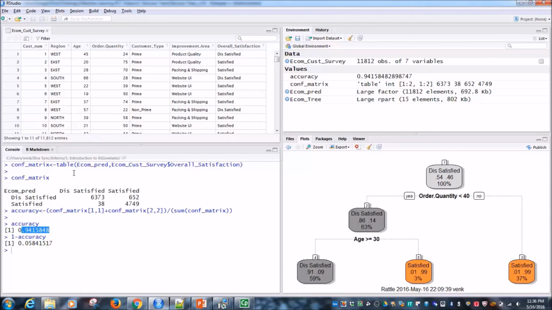You use the tree and build the predictions using the function predict. We took the tree and made predictions for all the data points, and then we have the actual values. Then we have created the confusion matrix. From the confusion matrix we can calculate the accuracy.